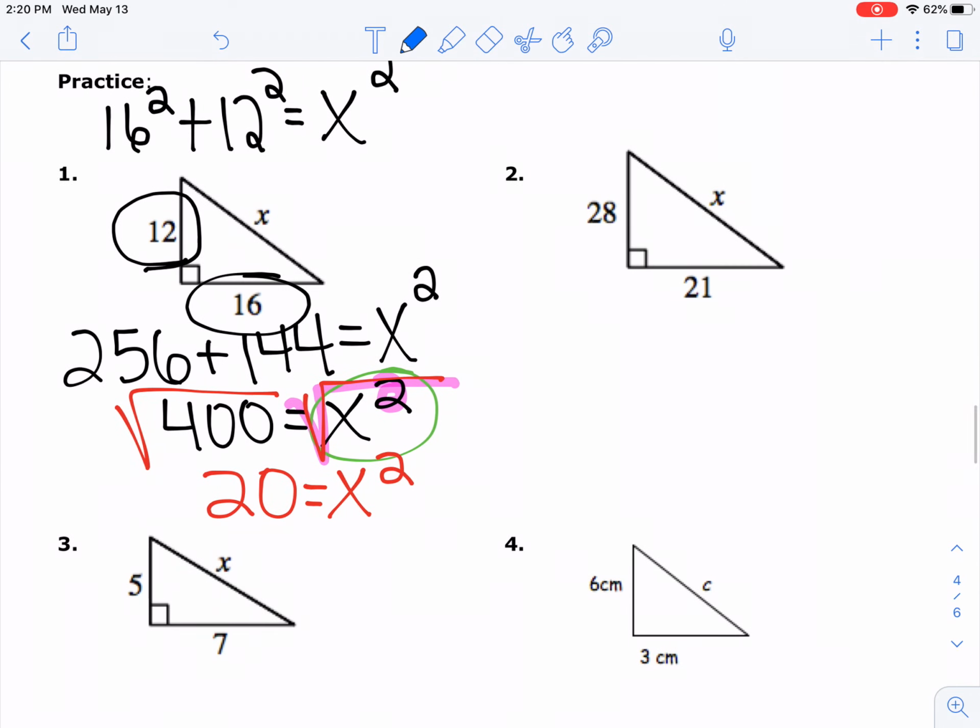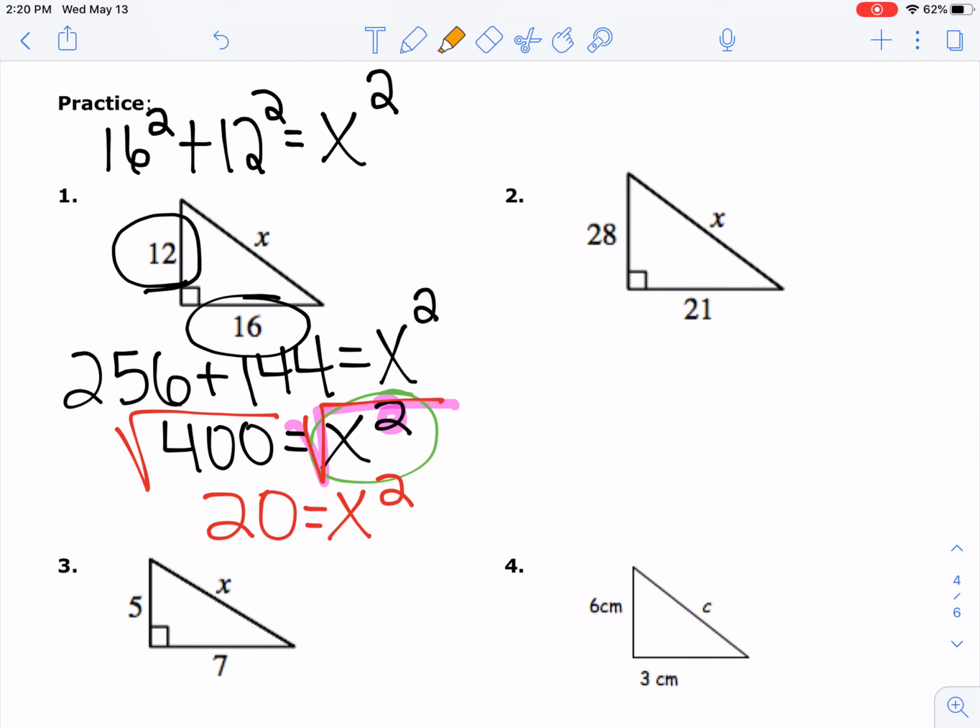So down here, I did another example. Okay? We have 16 as one leg and 12 as the other. 16 squared plus 12 squared equals x squared. They named it a variable, so I didn't use h, I used x in place of that.